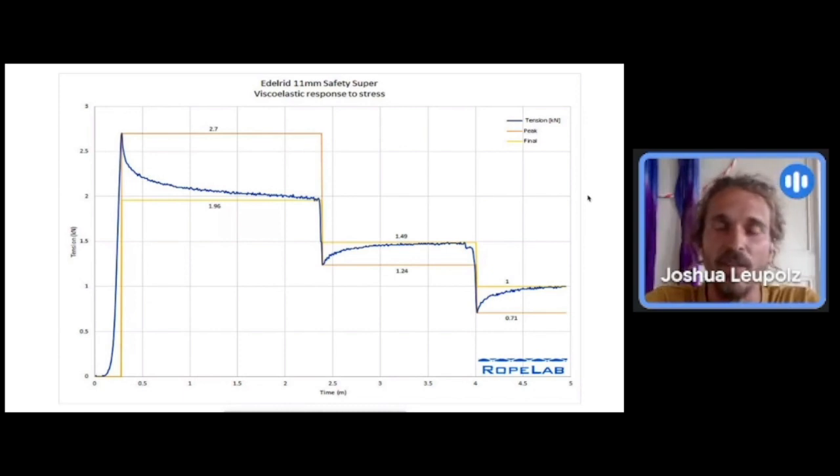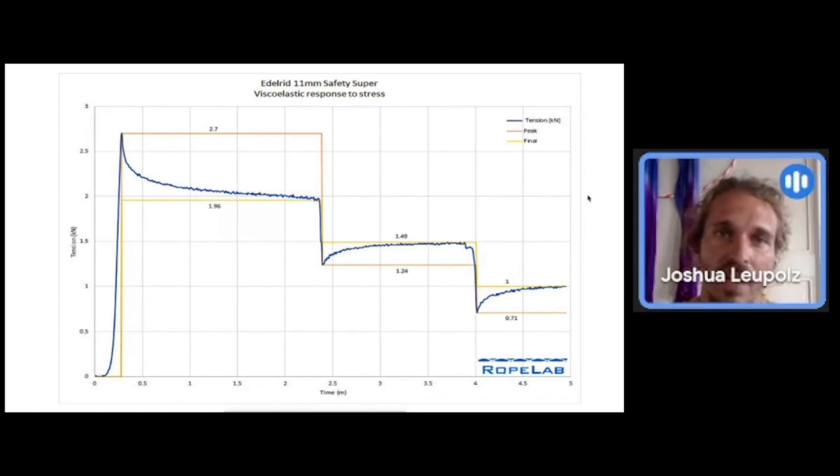Because we often understand webbing as a pretty perfect spring. So you stretch it out and it stays at this tension and it goes back to zero again if you detension it. But in reality, it's not acting as a perfect spring. As everyone knows, once you tension a slackline, after the first session, if it's nylon, you need to retension again. And that's what you can see here.